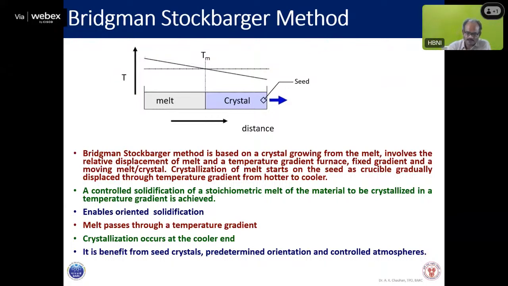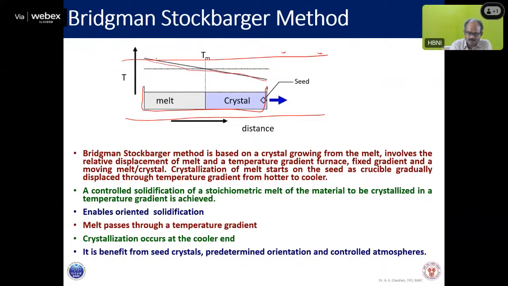In this method, you have a crucible, a container. You just place the material you want to grow, and you put it inside a furnace. This furnace has a temperature gradient of this kind.